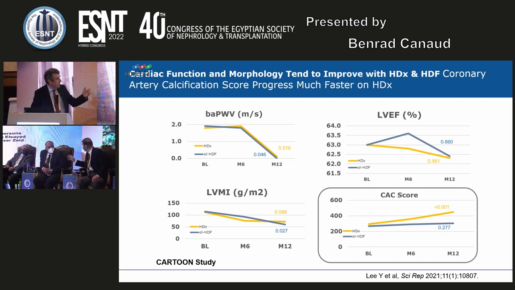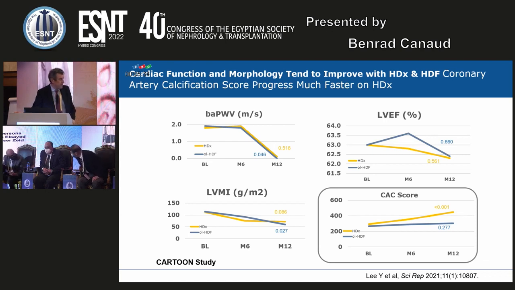If you look at cardiac function and cardiac morphology, from the pulse wave velocity, left ventricular ejection fraction, and left ventricular mass, there is a beneficial effect for both expanded hemodialysis and hemodiafiltration, confirming that a convective action is beneficial for the heart. The only difference is coming from the coronary artery calcification score, which shows that the trend is significantly increasing with the MCO and very stable with the hemodiafiltration.